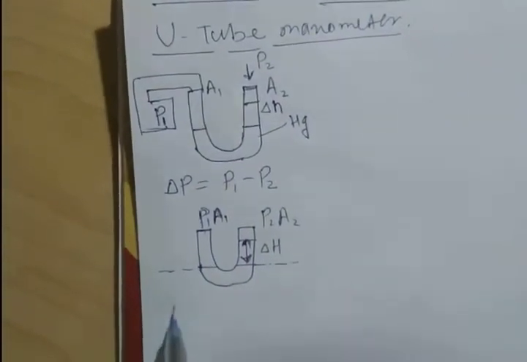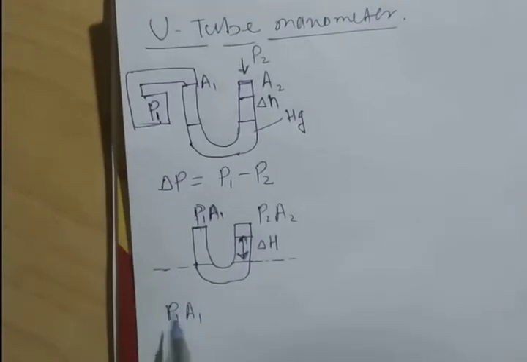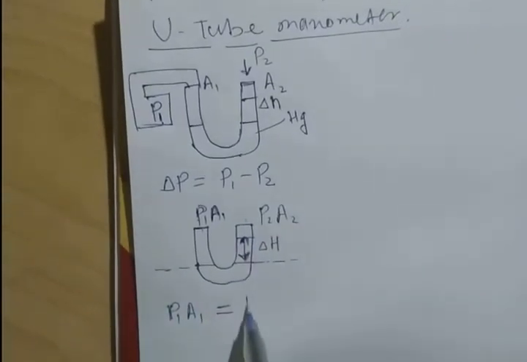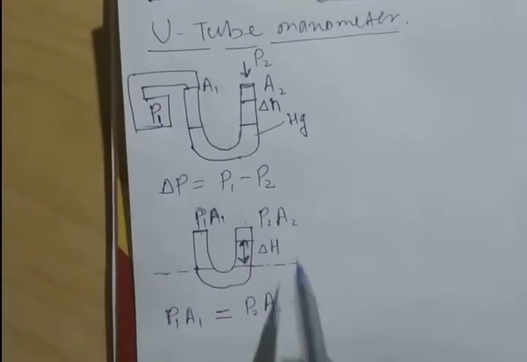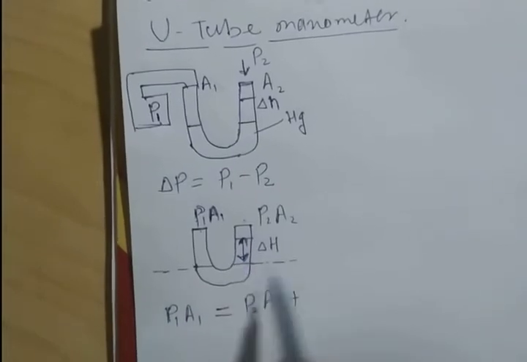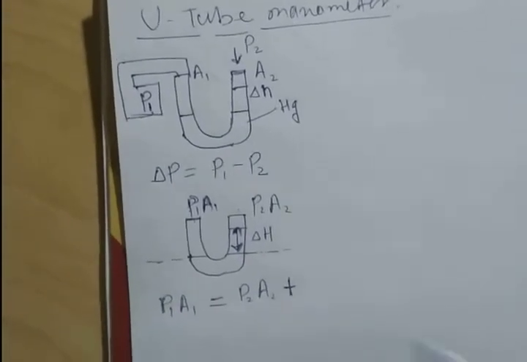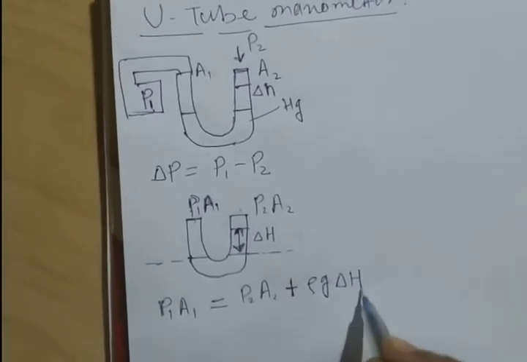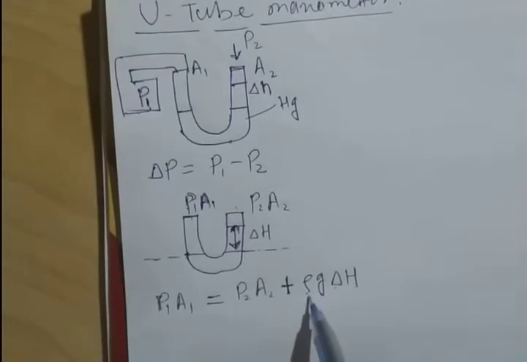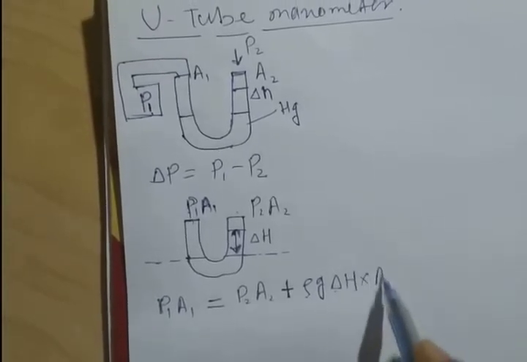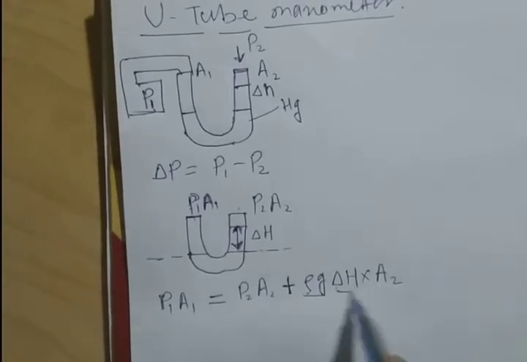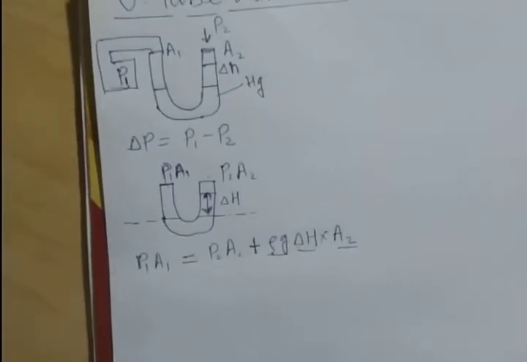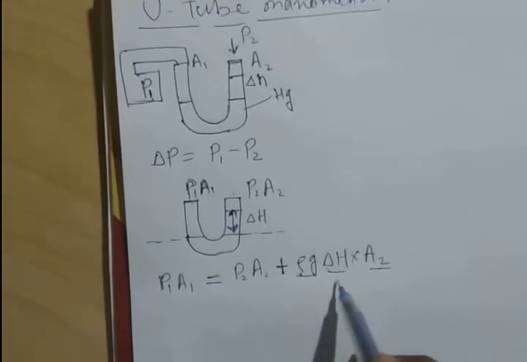The force here will be equal to P1 into A1. This will be equal to the force on this side, that is P2 A2 plus the force due to the mercury rise. This is equal to the weight of this mercury column, which is rho g delta H A2. Rho delta H A2 is the volume times density, this is mass, and g is the gravitational acceleration. So this makes a weight, and that is equal to force.